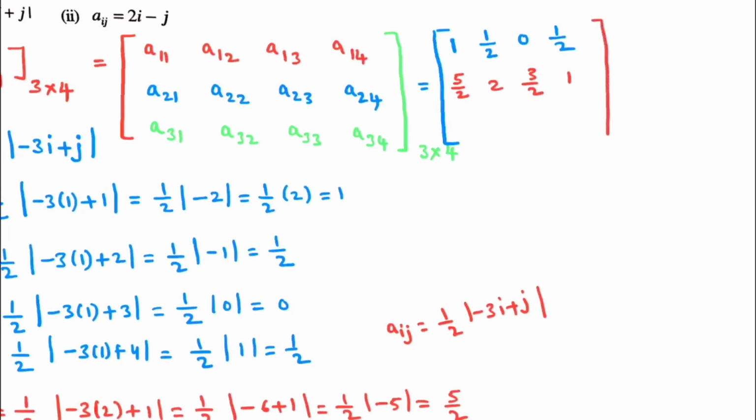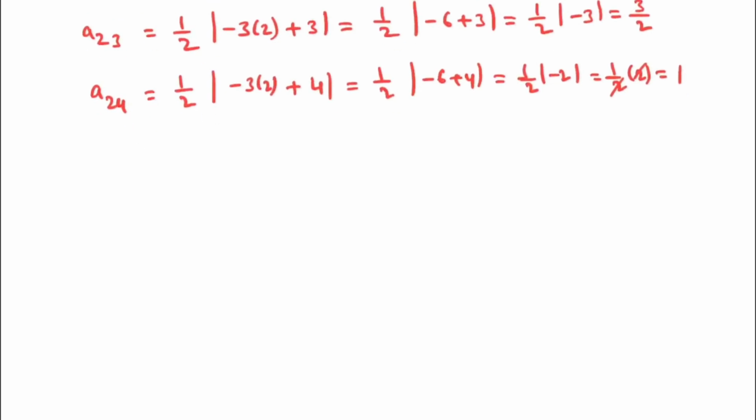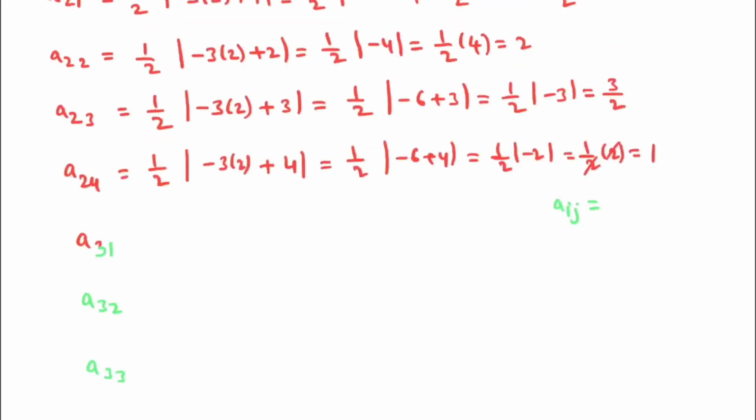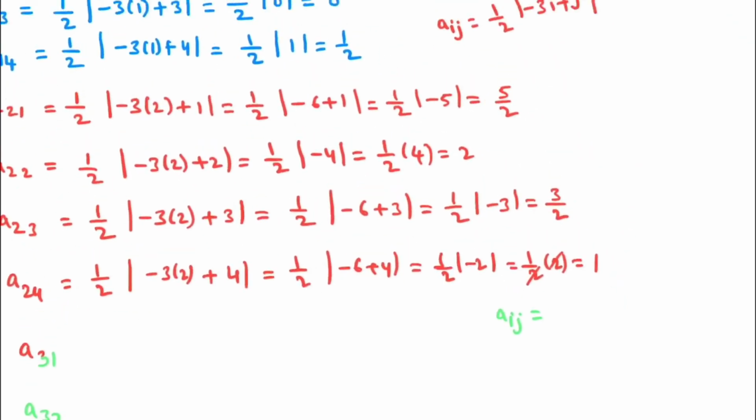Now what to do? We need to calculate these values, A31, A32, A33, A34. What is given about Aij? They gave Aij as 1 by 2 into modulus of minus 3i plus j.